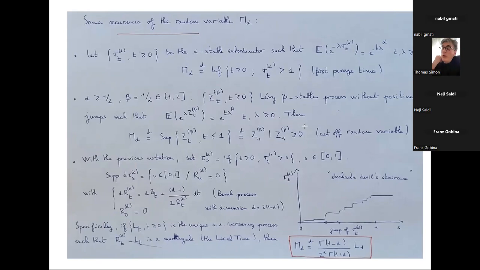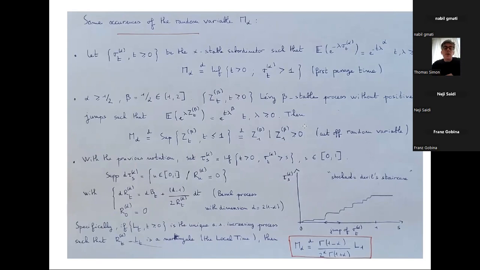Another very classical occurrence is when you take alpha greater than 1/2 and beta equal to 1 divided by alpha. So beta is between 1 and 2. Then you have a Levy beta stable process without positive jumps, with a normalization which is given on the slide. So this is also the standard one.